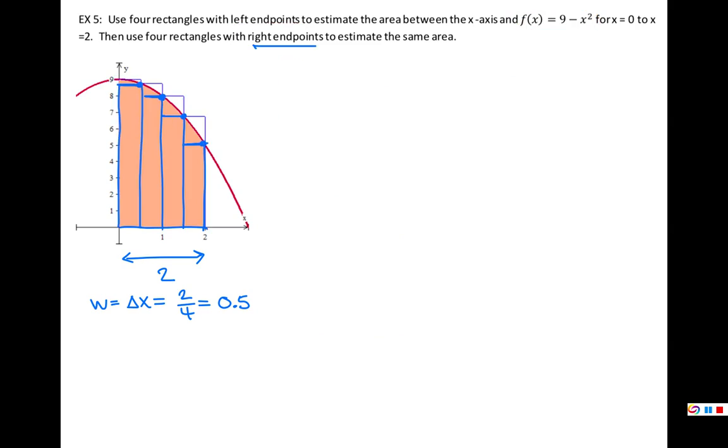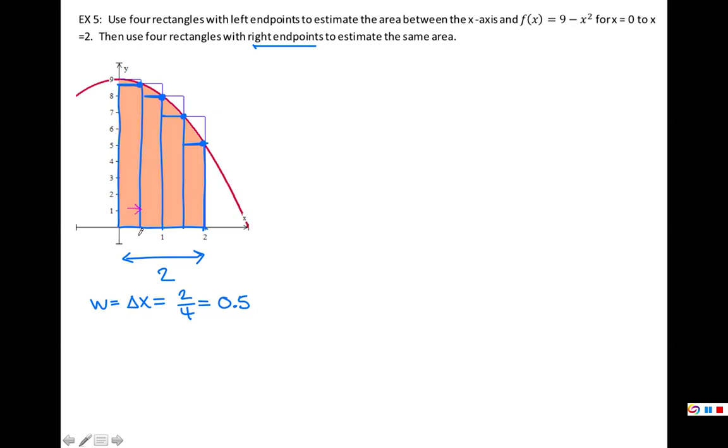And so now let's do the same thing, except let's use 4 rectangles with right endpoints. Okay, so exact same problem, same region we're going to look at. The only difference is I want to know what would I get if I had used right endpoints instead. All right, so what does that mean if we're talking about right endpoints? It means for each rectangle, you move to the right side.